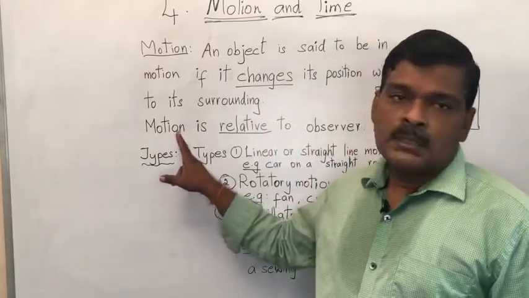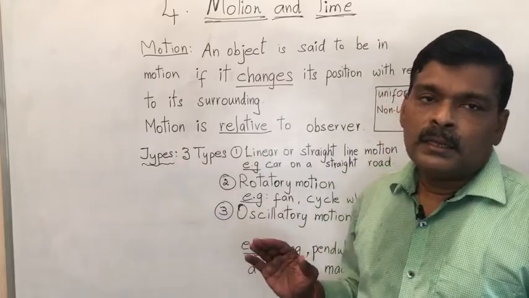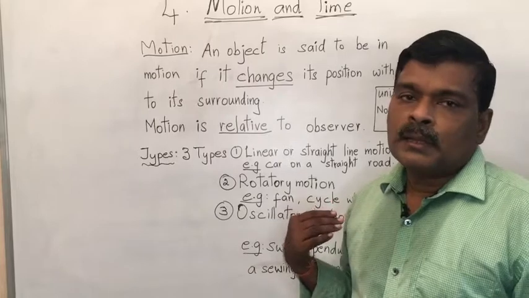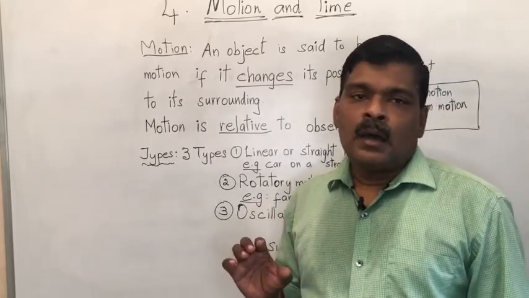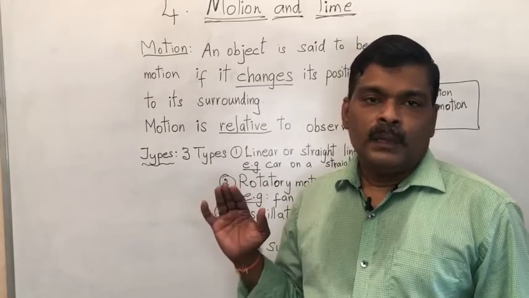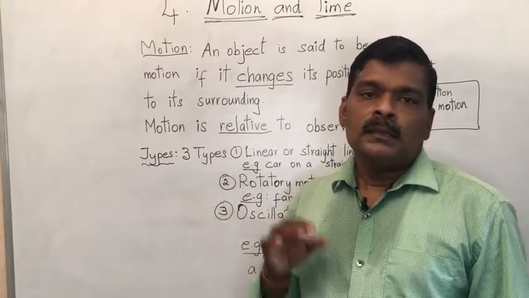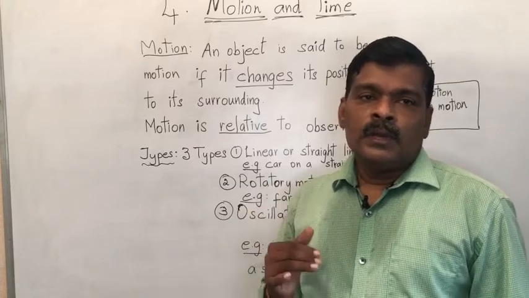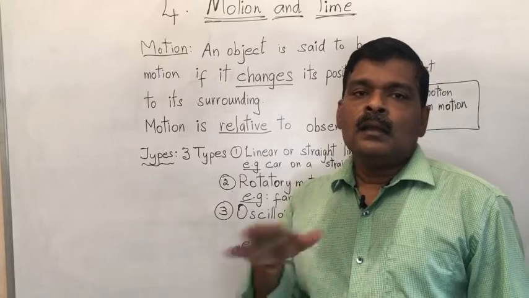Next point is: motion is relative. What is relative? Two types of situations may be there. You see, one driver is sitting in a car and he is driving. That time, inside that car, the driver, his passengers and the car are not in motion.